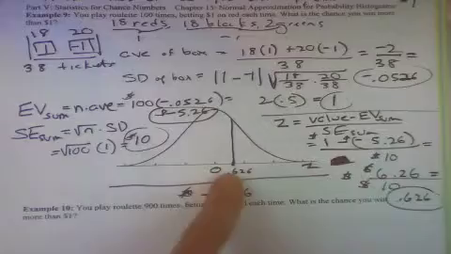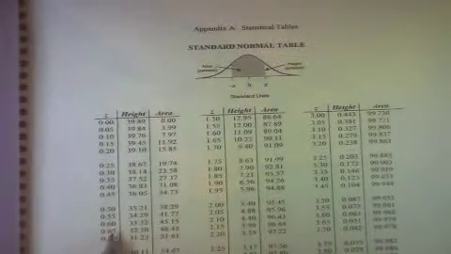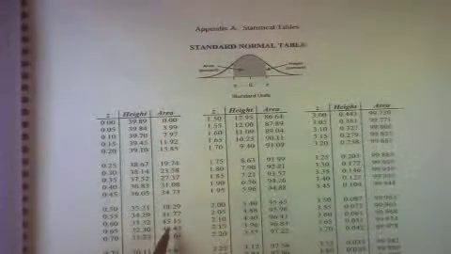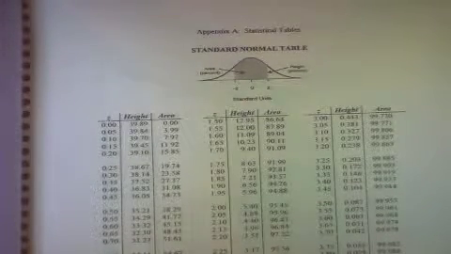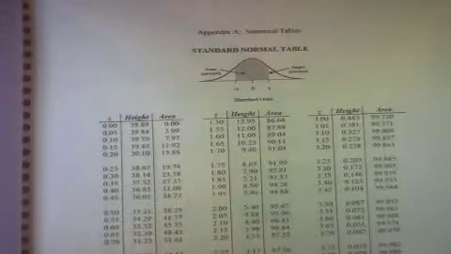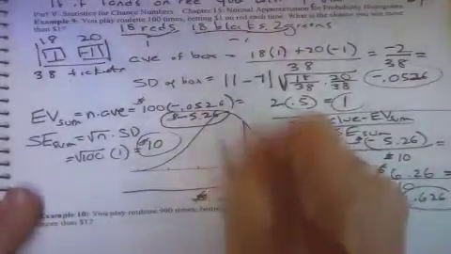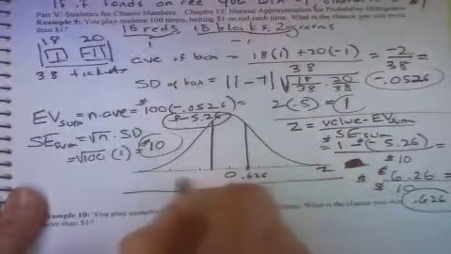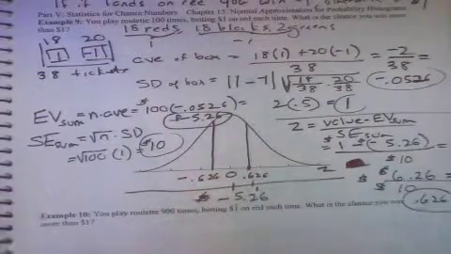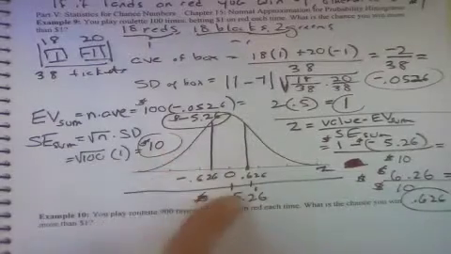Well, you just have to look that up in the back of the book. 0.626, it looks like it's sort of halfway in between there. 46 and a half, we'll just say 46%, we'll round. It's just an approximation. I hope I didn't mislead you by doing this exact number here.